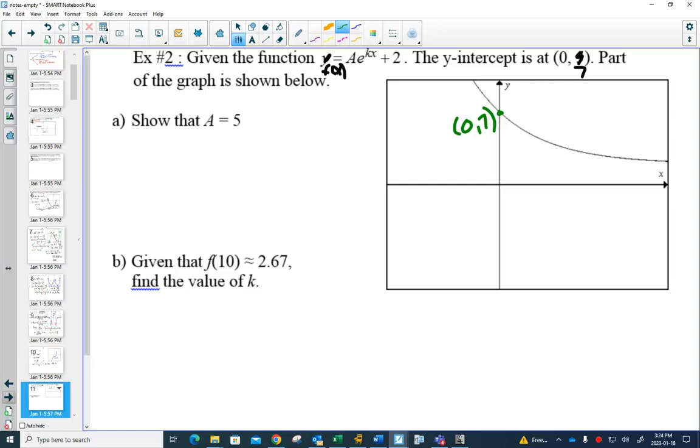Okay? Well, the only thing we know is the y-intercept. That's a point on my original graph, so that means when x is 0, y is 7.